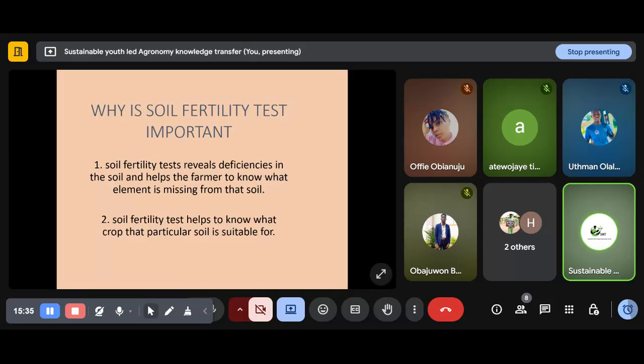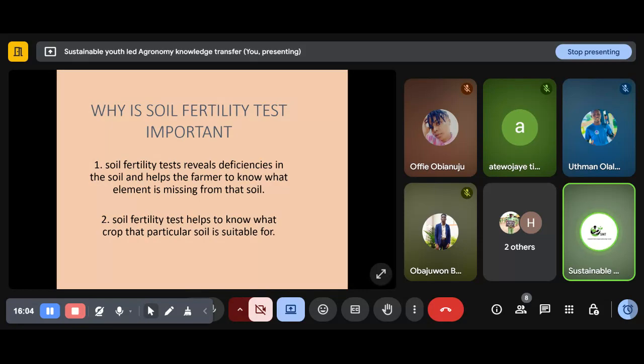Another thing is that a soil fertility test helps you know what crop that particular soil is suited for. If you test your soil, that is, you test the pH and know every other thing, it helps you know that in this particular soil I can plant acid loving plants, or I can plant alkaline loving plants.